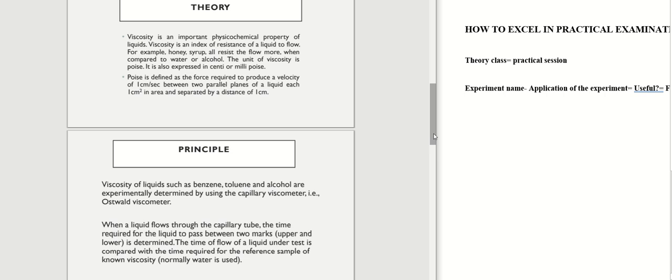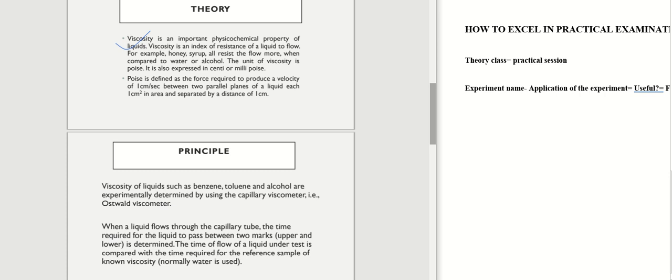If you are asked to do an experiment related to viscosity, then you would start with the viscosity definition. And if you are asked to determine surface tension, you would start with the definition of surface tension. So be comfortable when you are writing the theory involved in a particular type of experiment. If you are not able to write down the theory, first start with the definition.